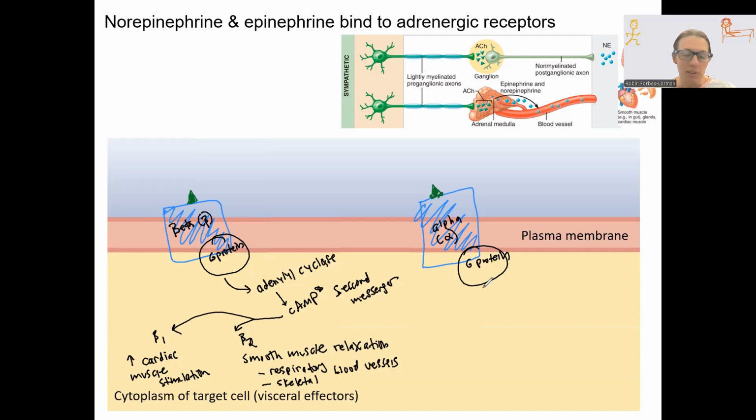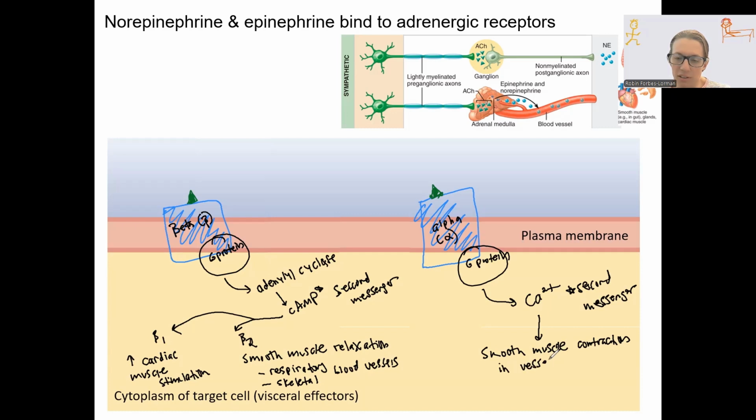For the alpha receptor, this is going to activate calcium. That is the second messenger. Calcium is activated, and that's going to result in smooth muscle contraction in the vessels to the digestive system.